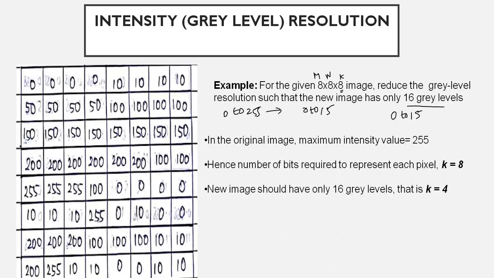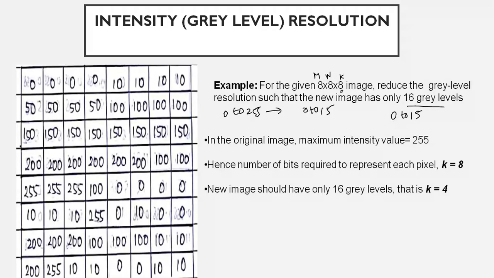As mentioned, the original image has a maximum intensity value of 255 and a total of 256 gray levels. In the new image, we require only 16 gray levels, that is, the maximum gray level would now be 15.